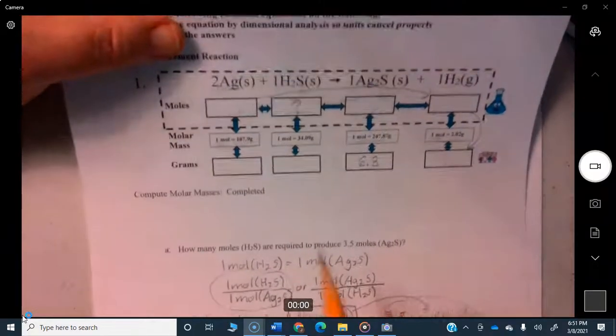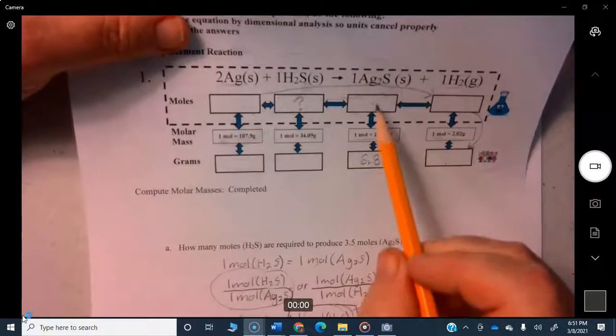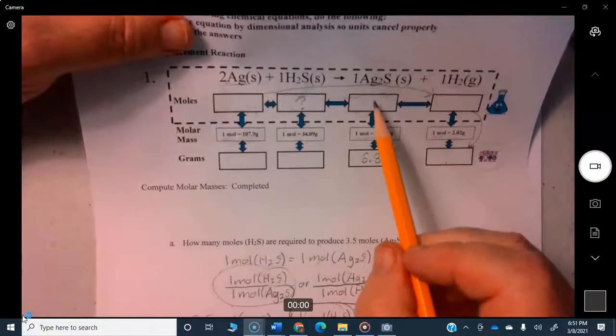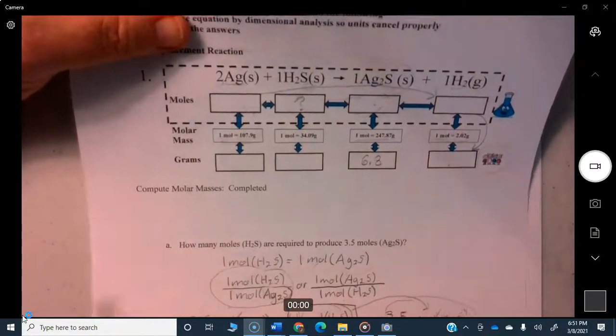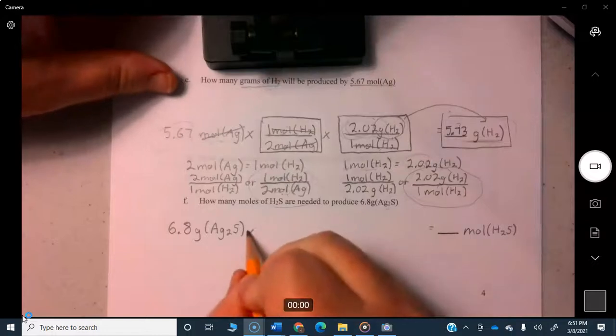How many conversions did we say? How many steps did we have to do? We had to go from here to here, that's one conversion, and from here to here, that's two conversions. So it's a two conversion problem. So we're going to go ahead and draw two boxes.